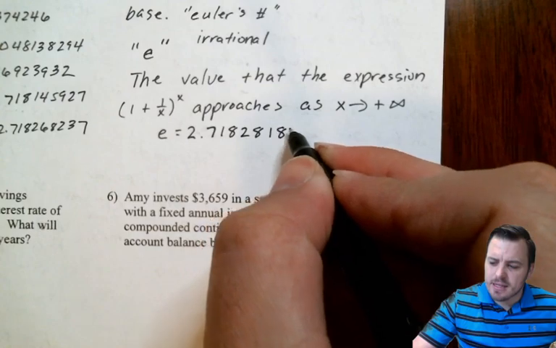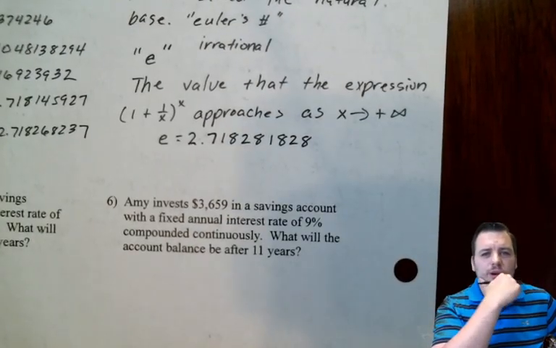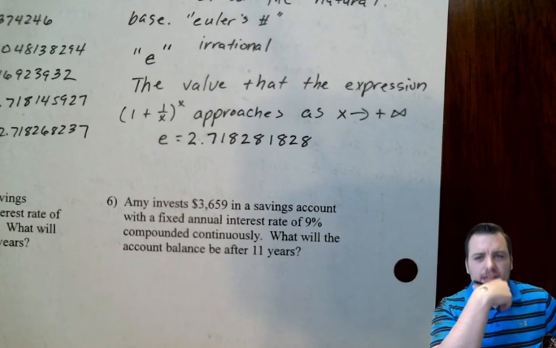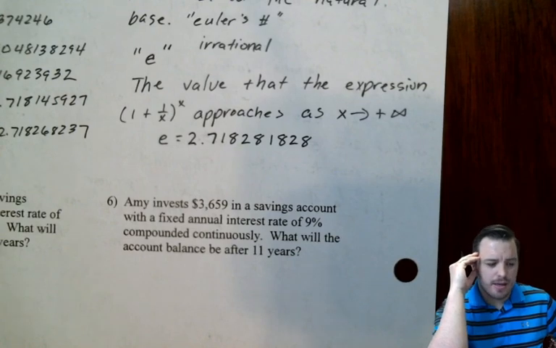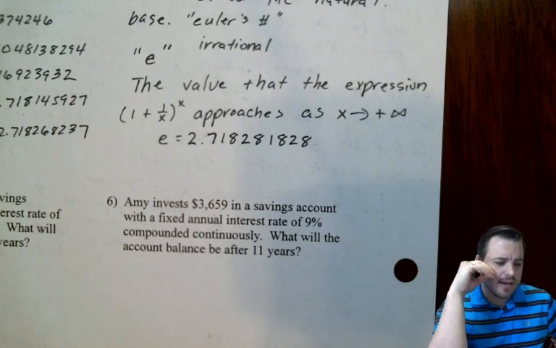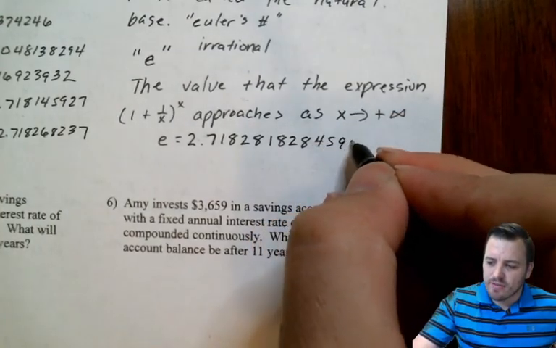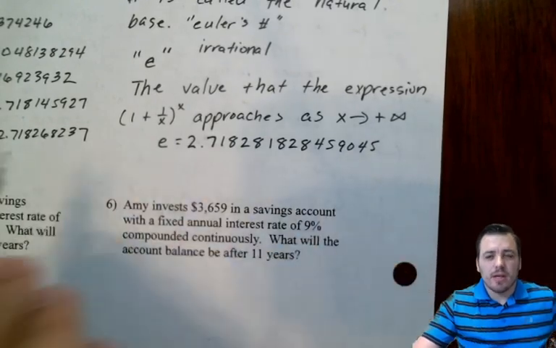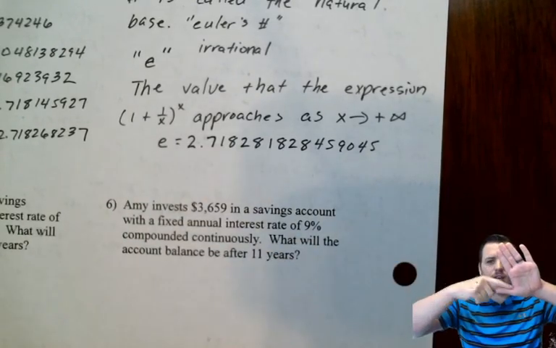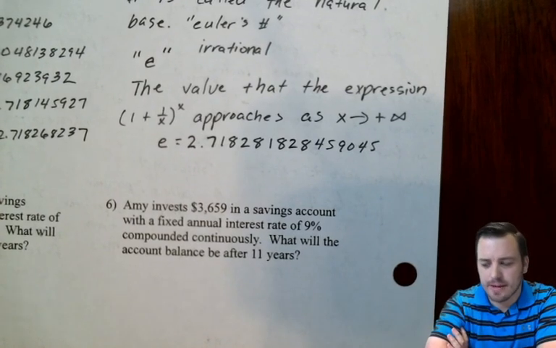So 2.7, 1828, 1828. And then the next 6 numbers are easy as well. It's just 45, 90, 45, which are the angles of an isosceles triangle, a triangle where two angles are the same.